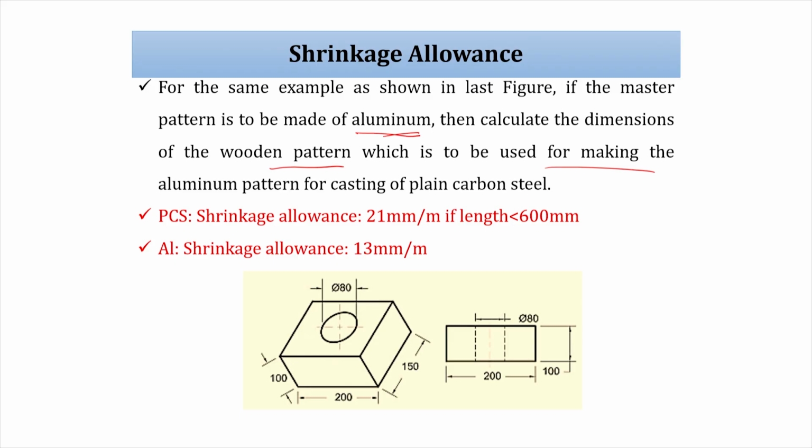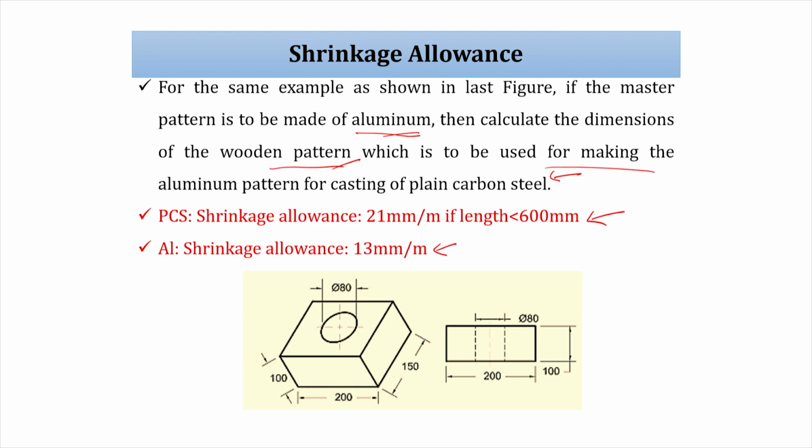Our first objective is to cast plain carbon steel. Second, I have to make a metallic pattern also. So the initial pattern will be wooden, then I will add plain carbon steel shrinkage, and for the aluminum pattern, I will add aluminum shrinkage as well. So double shrinkage allowance will be added for this problem.